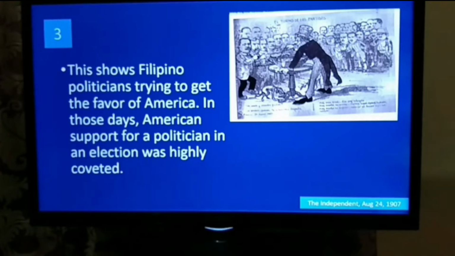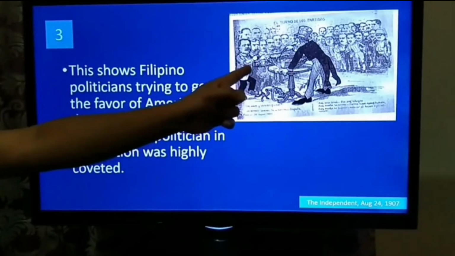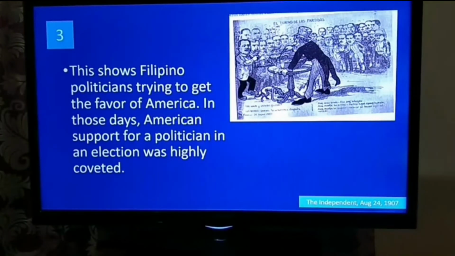And not only American verbal endorsement, but also financial support. Americans would give financial support to Filipino candidates whom they think would carry on their American colonial interests. So if you're a politician in that time, you would really, really try to get the endorsement of America. Similar to what is happening today.